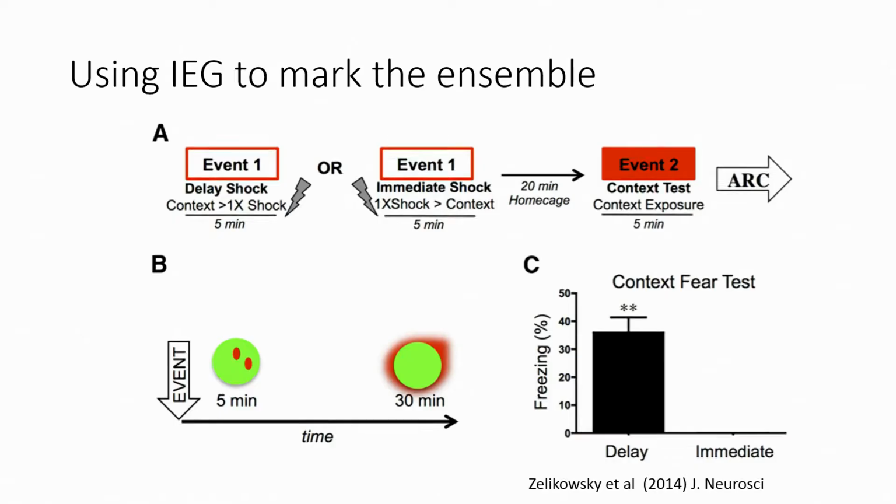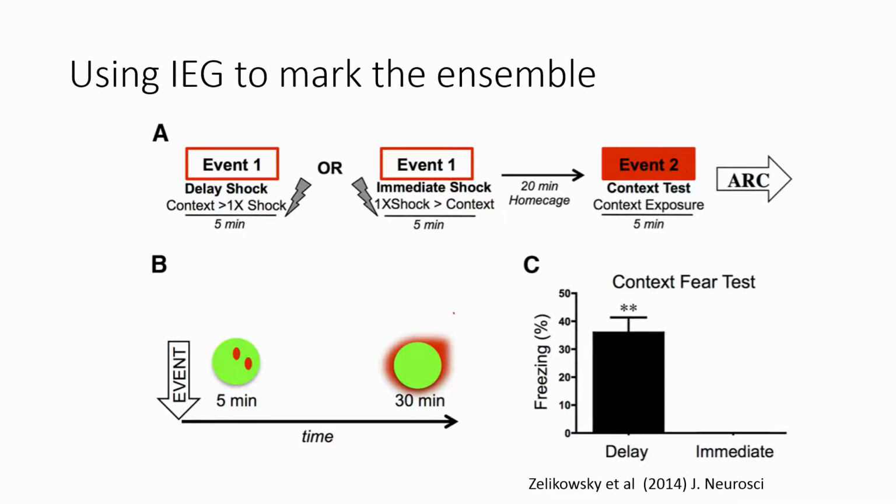So, what they are going to look at is the following. They are going to look at two different events, event 1 and event 2, and then say which are the neurons that took part in event 1 and which are the neurons that took part in event 2. So, how would you differentiate?